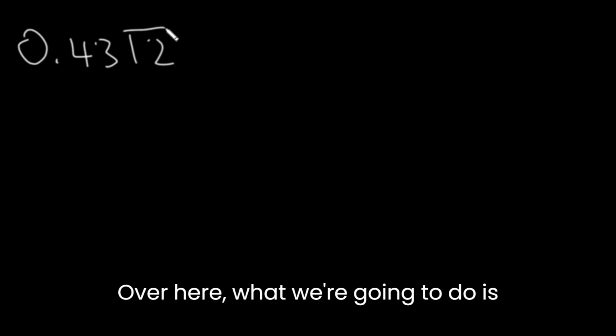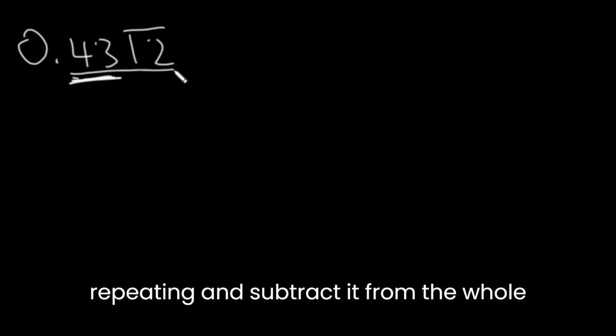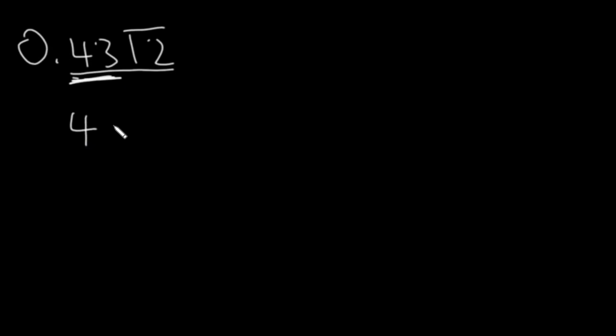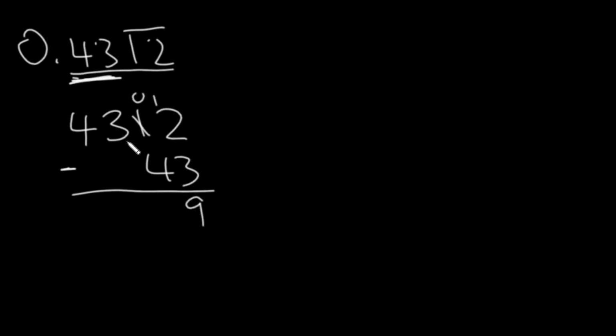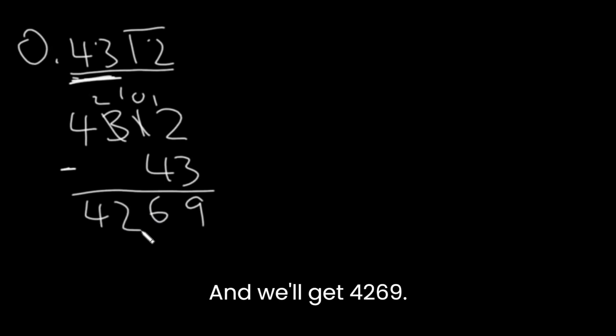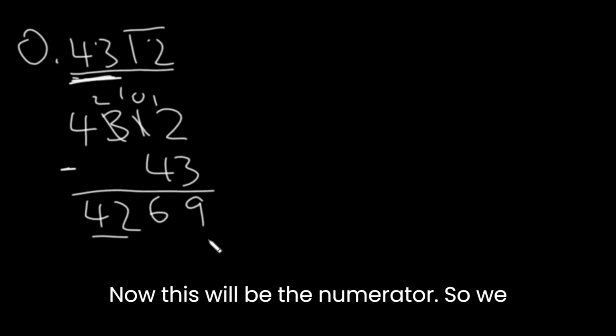Over here, what we're going to do is take the part that's not repeating and subtract it from the whole number. So 4312 minus 43. All we have to do is subtract it. And we'll get 4269. Now, this will be the numerator.